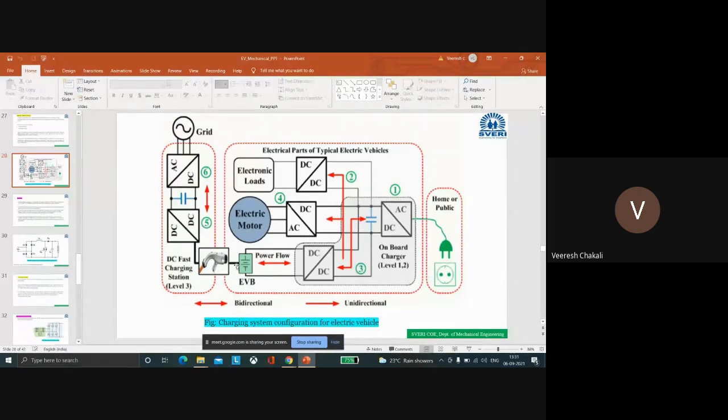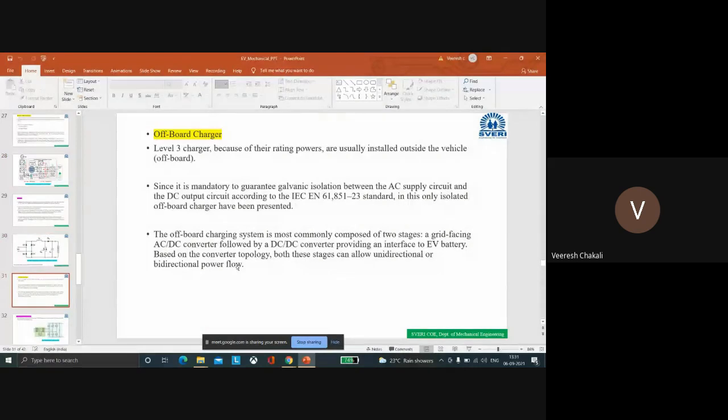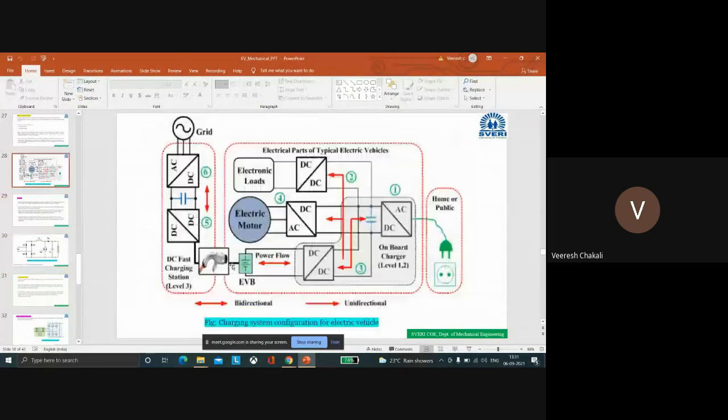Clear? Based on the converter topology, both these stages can allow unidirectional or bidirectional power flow. So it depends upon our requirement and the design of the charger. This charger can allow the power flow in both directions, from vehicle to grid and grid to vehicle. Clear?